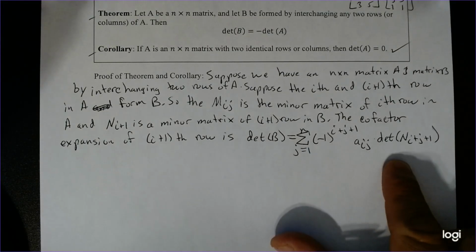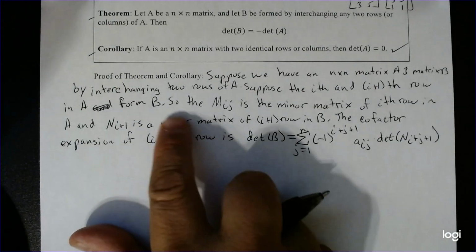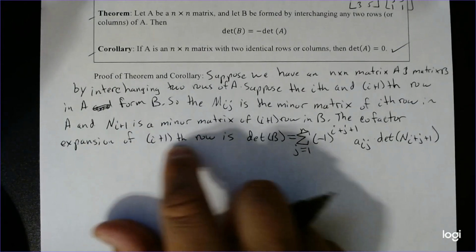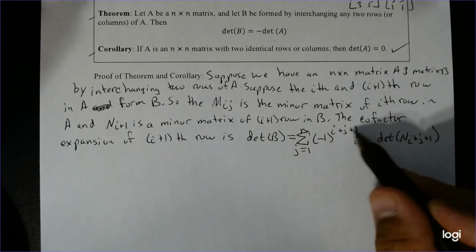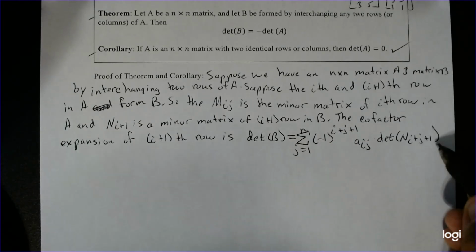This comes from the definition of a cofactor expansion. It gets confusing because it's i+1, so the exponent isn't just i plus j, it's i+1 plus j, and the same thing applies here.